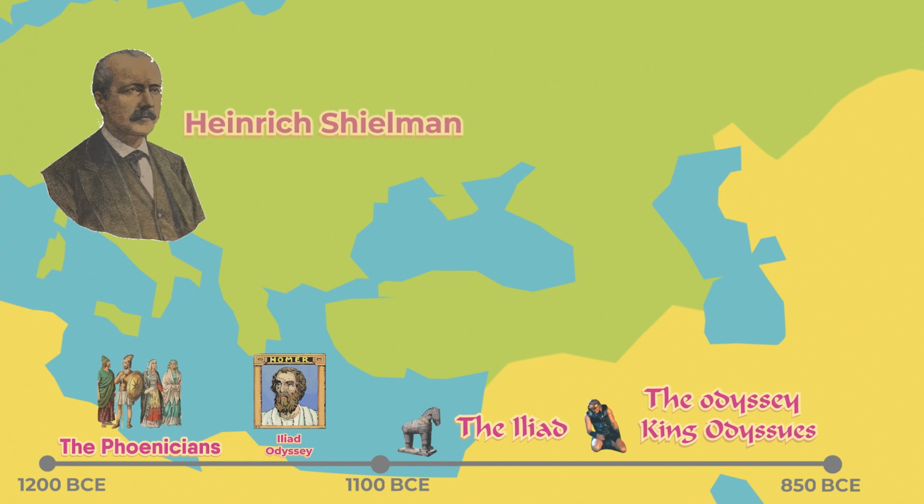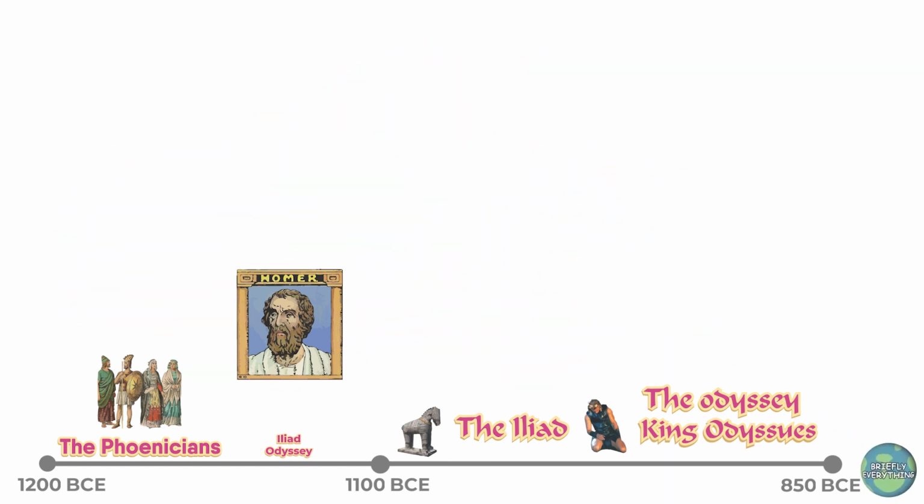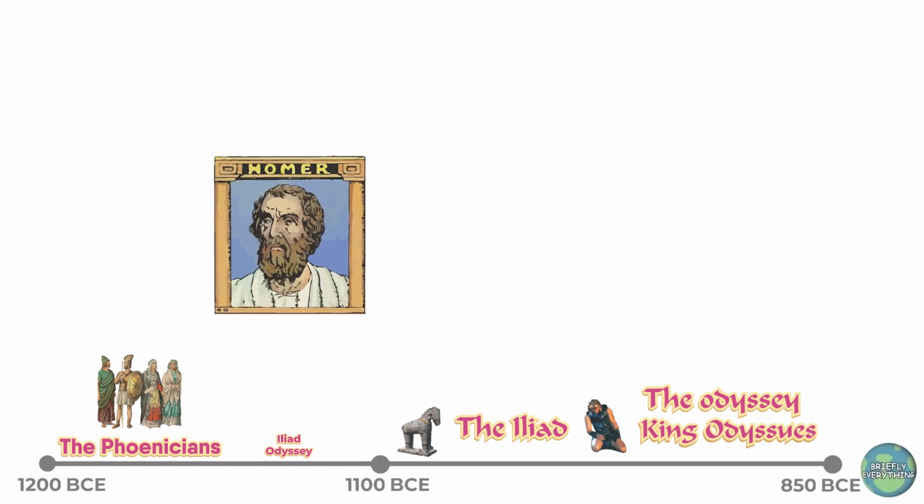Until this guy, Heinrich Schliemann, decided to go look, and to his delight, he actually found the city Troy as described in the books, and many other places from the stories in current-day Turkey. So the cities from the stories definitely existed, but we can't promise that anything else from the stories actually did. These stories were all passed on orally and written down much later on by Homer.